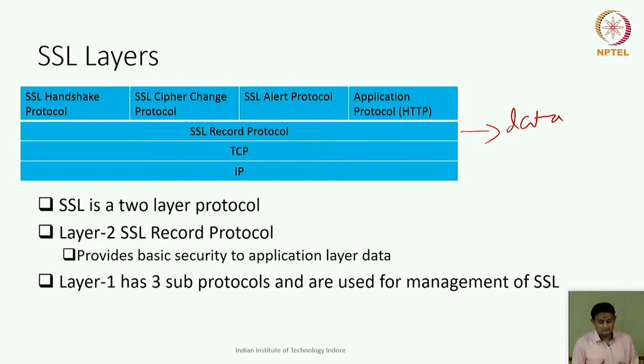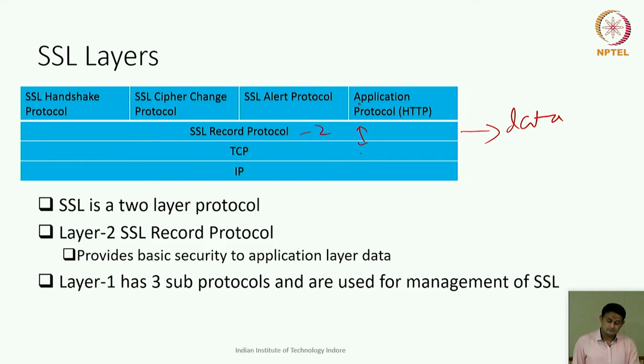You can call it layer 1 or 2, generally called layer 2. This layer of the SSL protocol sits on top of the TCP. So application is here, TCP is here. In between these two, this protocol functions between the TCP and HTTP or any other application.